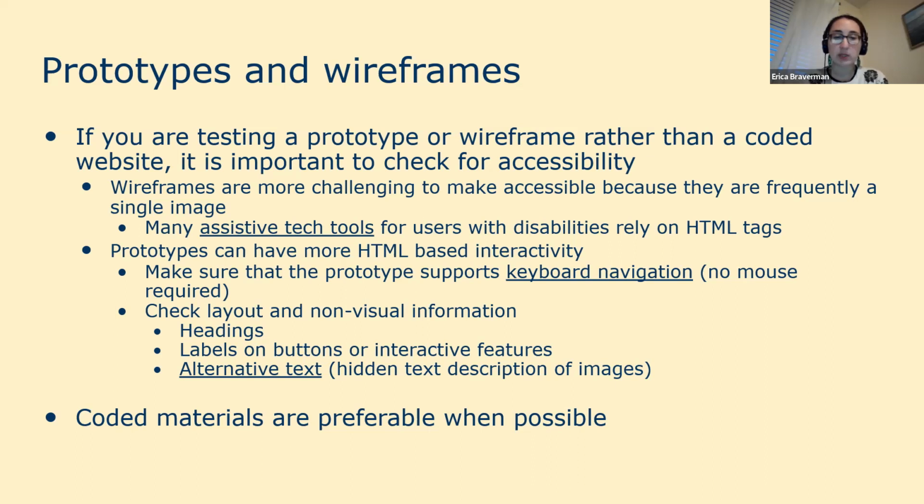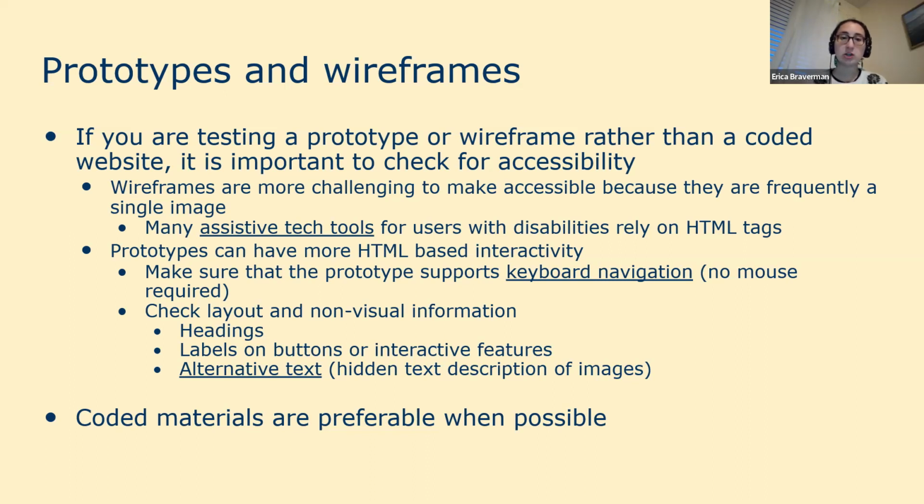If you have a prototype that you want to test with users with disabilities, make sure that you can navigate through using the keyboard only. You don't need a mouse. Check your layout for headings. Make sure your buttons and interactive features are correctly labeled and identifiable.